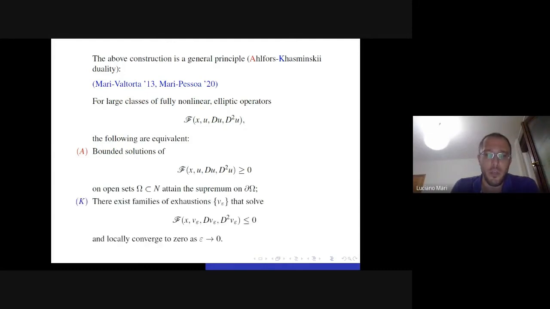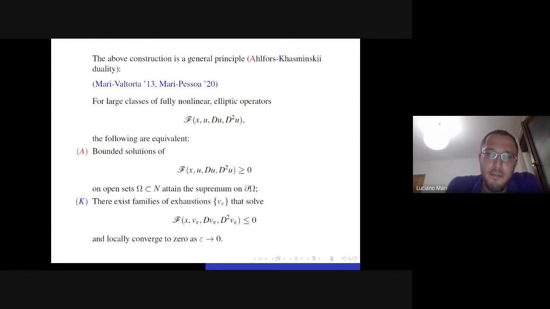Okay, what I want to observe is that the above construction is a very particular case of a general principle that we call Ahlfors-Khas'minskii duality, and I started to work on it with Daniele Valtorta, and since 2015 we have developed the principle. We have extended its validity to fully nonlinear equations, also to first order operators.